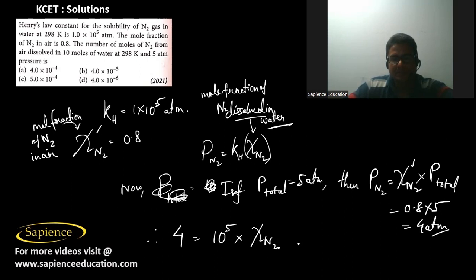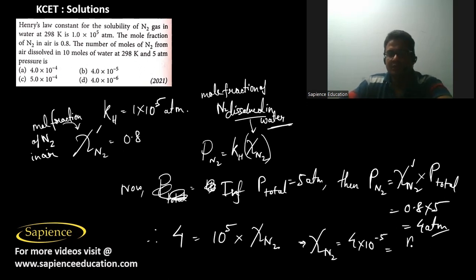So therefore here chi of N2, the mole fraction of N2, will be 4 into 10 power minus 5, and that will be equal to the number of moles of N2 divided by the number of moles of N2 plus the number of moles of water.